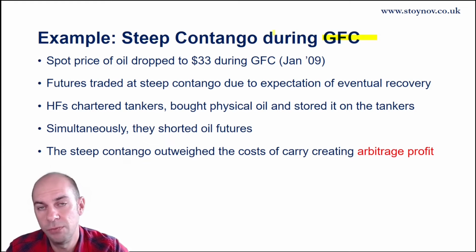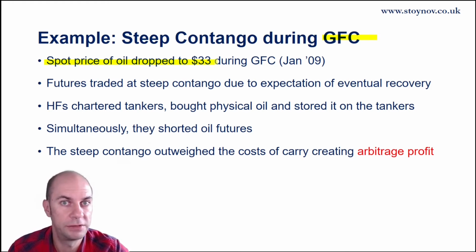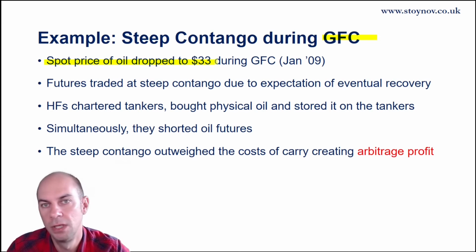So obviously, we know we had a financial crisis. We know we were in trouble. So there was reduction in demand and whatnot. So spot price of oil dropped to very low levels, $33 in January of 2009. So the spot price of oil was very, very low.